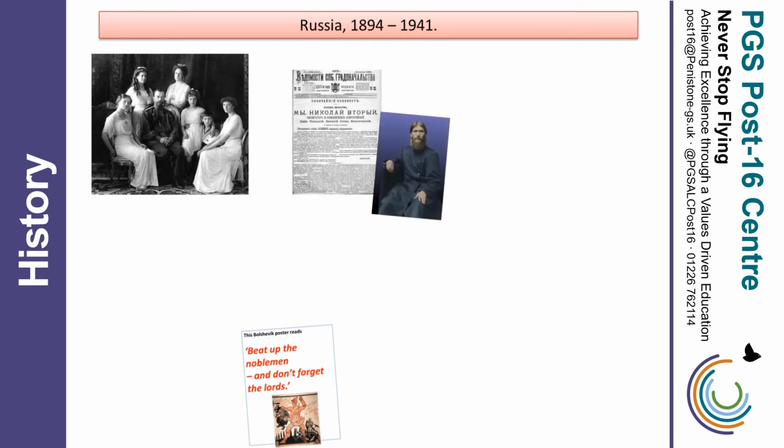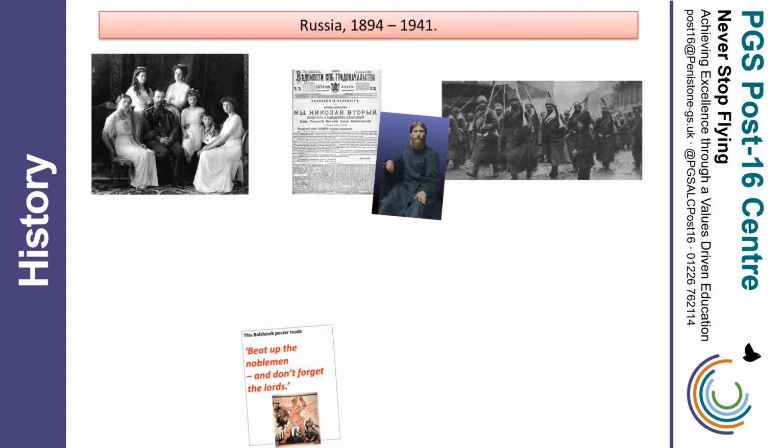And one thing that you've got to consider is the causes, the events and the aftermath of those two revolutions. A revolution is overthrowing the existing order and replacing it with something new. So you look at the reasons that brought Russians to demanding that revolution and demanding that change occur, and you'll also look about what happened next following the events of the revolution.